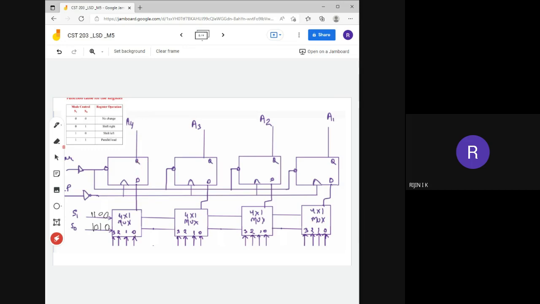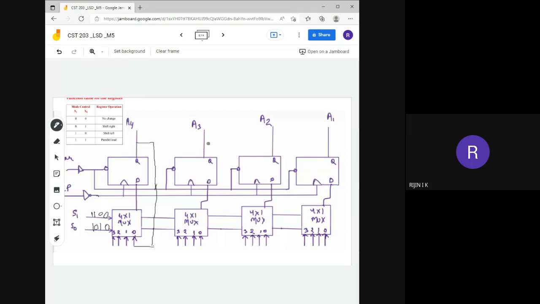That means you need to make a connection from A4 to the 0th pin in the multiplexer.